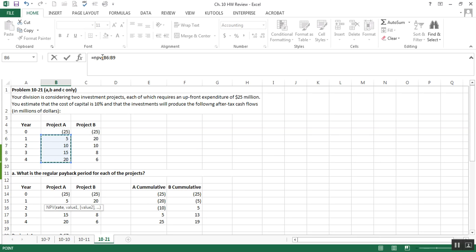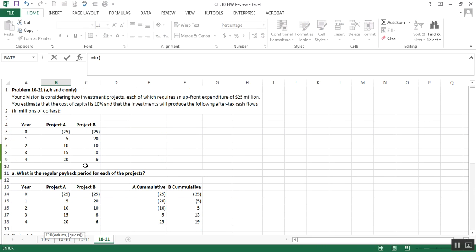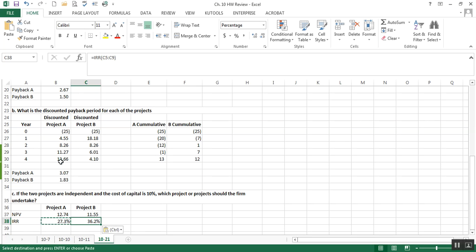Oops, sorry, I forgot to put the rate in first, which is 10% cost of capital. And remember, you always have to add in the initial cash flow, which is already at the present value. And then we're going to do the same thing for Project B. And then we're going to calculate the IRR, which is based on all of the cash flows, at 27.3.